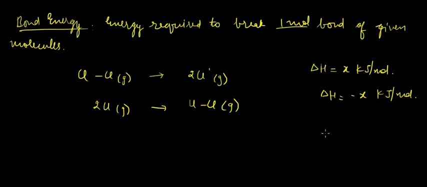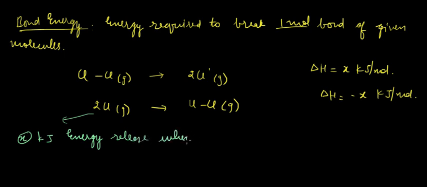Hence x kilojoule energy is released when Cl2 is formed. In other words, I can write this as x kilojoule energy released when 1 mole of Cl2 gas is formed.